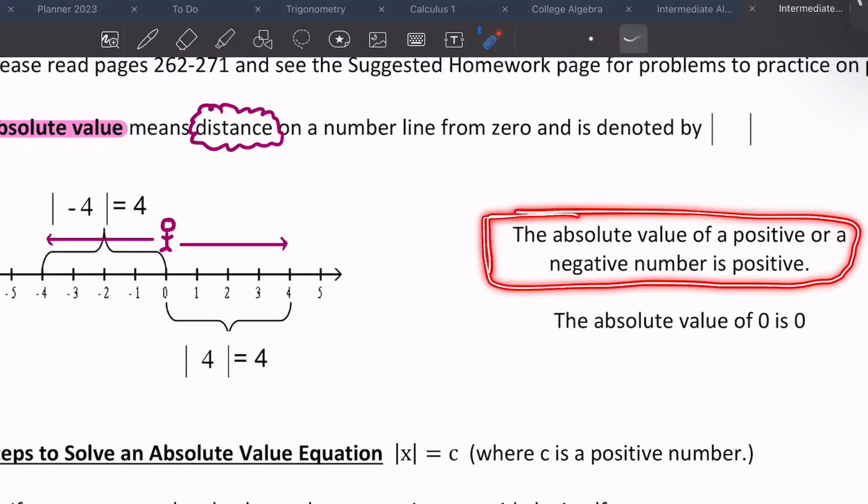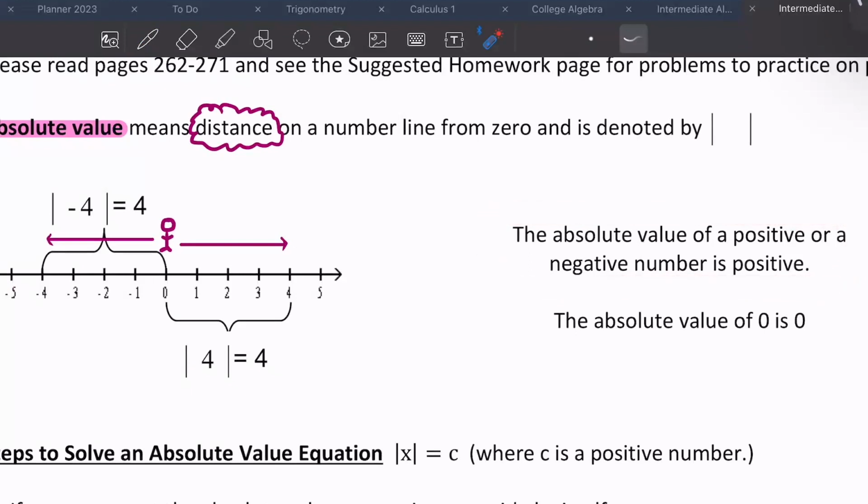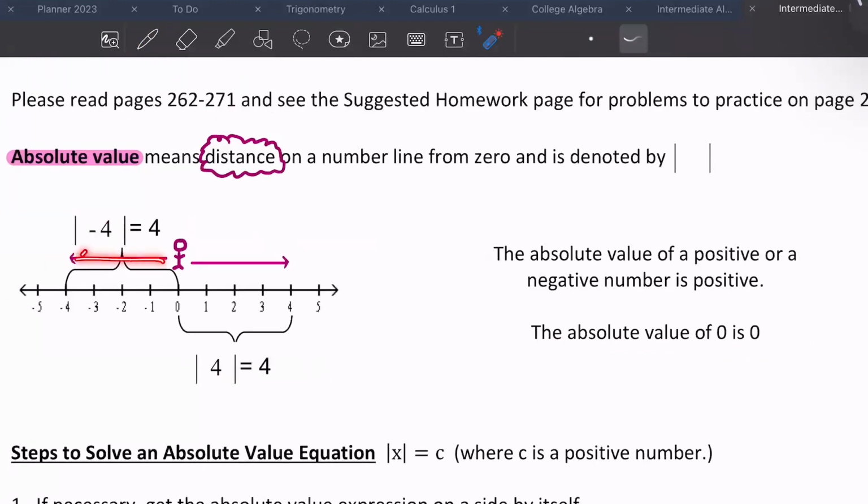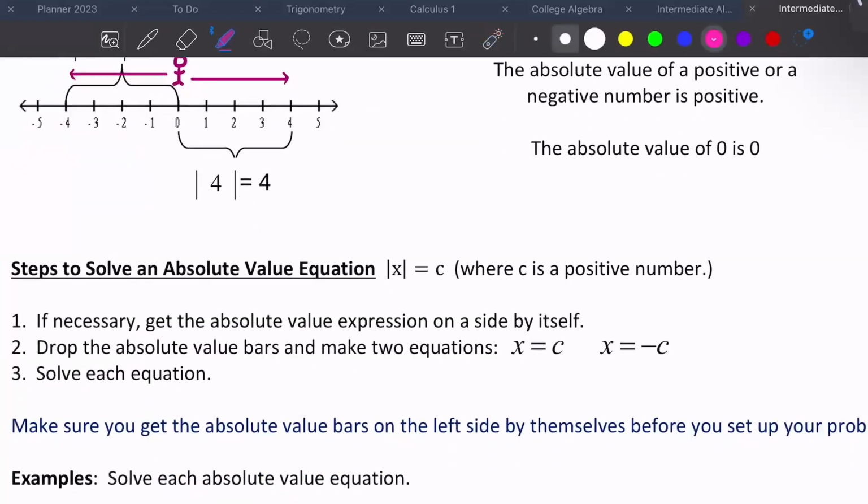The absolute value of a positive or a negative number is positive because we're talking about distance. And the absolute value of 0 is 0. So whether I go 4 paces to the left or 4 paces to the right, that's still 4. So that's what we're talking about when we talk about absolute value.